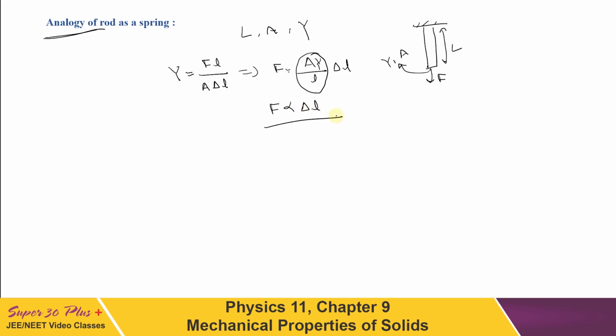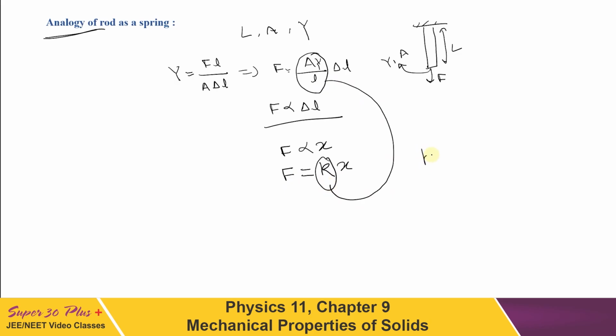Do we get the same kind of force for a spring also? Yes, for a spring also F can be written as proportional to the extension in length of the spring, and if it is to be replaced by an equal to sign, one proportionality constant, known as the spring constant, comes into the picture. We can imagine that these two are similar terms.